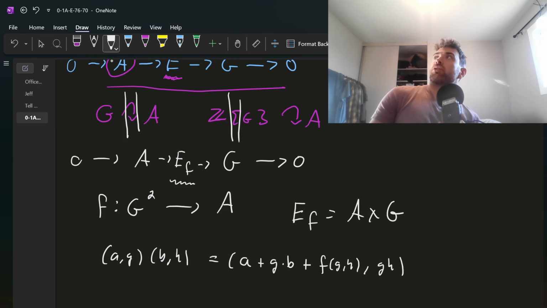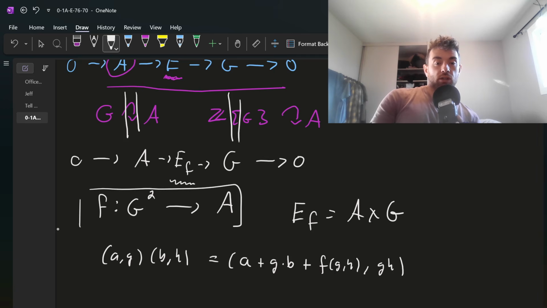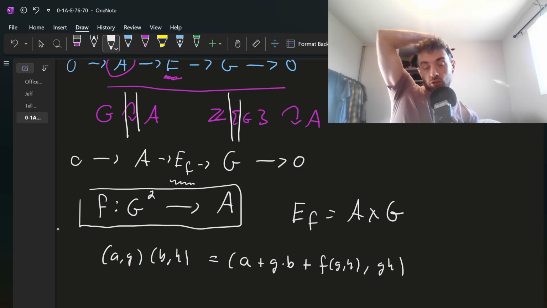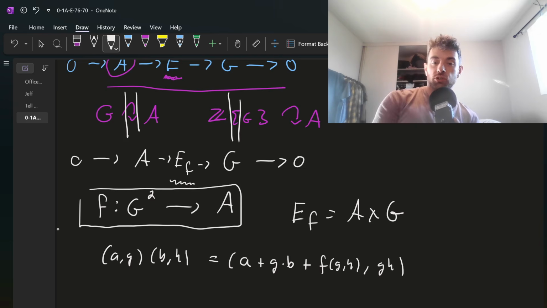So, okay, this tells us we can describe all such extensions by these functions. But now we ask, well, does every possible choice of function here give rise to such a group, to such an extension? And whether or not that's the case, we also want to ask, if we pick two different functions, do we necessarily get distinct extensions or distinct groups?